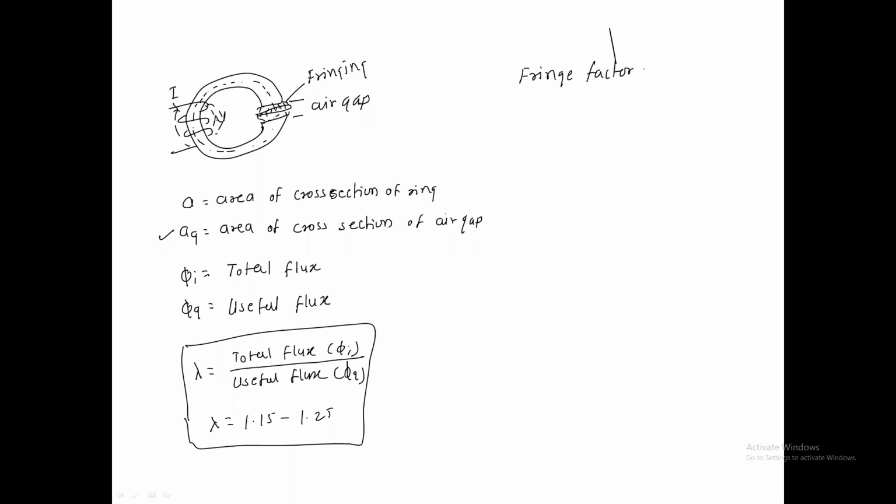It is nothing but the ratio of the area of cross section of the air gap to the area of cross section of the ring. Concentrate on the ratio, numerator and denominator. Which is bigger? The numerator. So can I say the value of the fringe factor is always greater than 1? Yes sir. That is also very important.